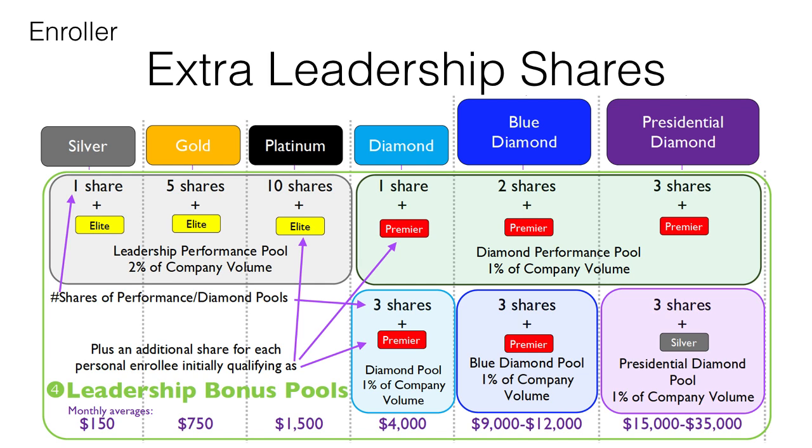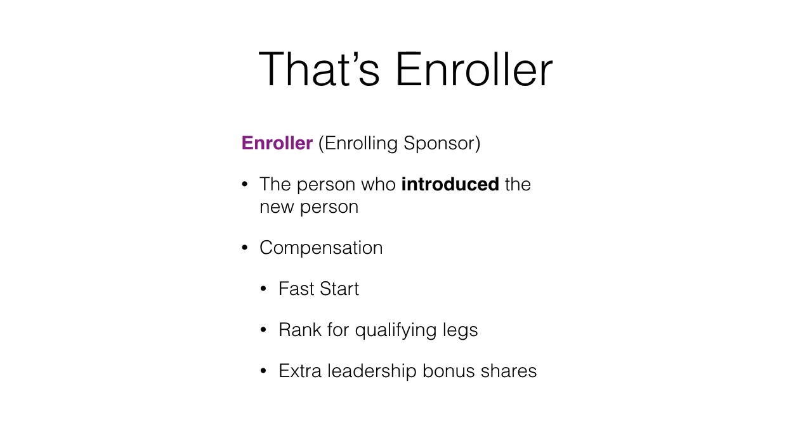They'll get the 1 share plus an extra share of that leadership performance pool, extra money, compensation for leading people. So that's another way that enrollership is important. So there's 3 things: fast start, rank for qualifying legs, and when you get to it, extra leadership bonus shares for those who help others also achieve. So that's it for enrollers.